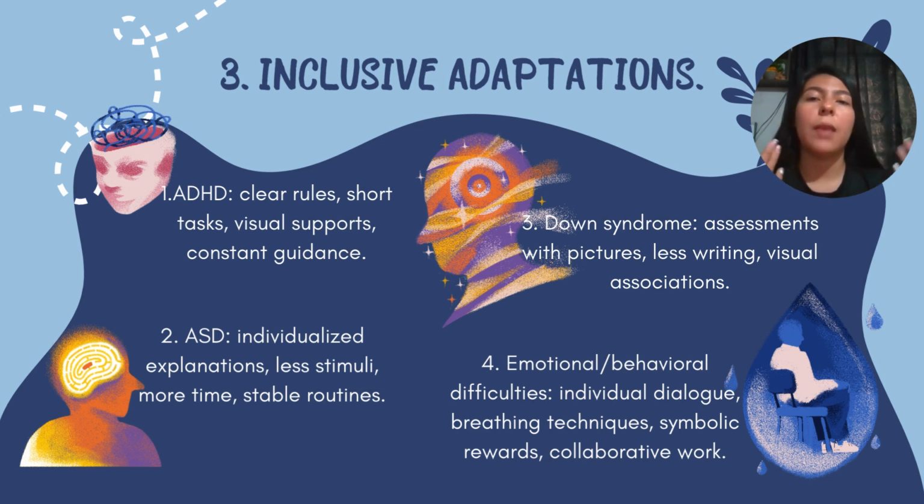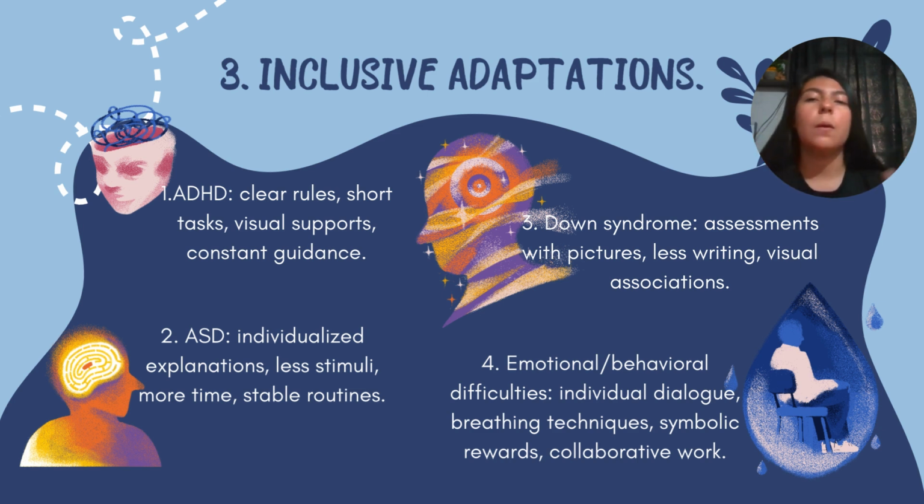For students with ASD, I offer individual explanations using visual examples and allow extra time. When sensory overload is detected, I include breaks and reduce external stimuli, with routines and a quiet space as needed.